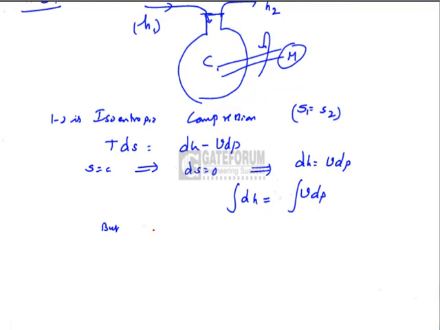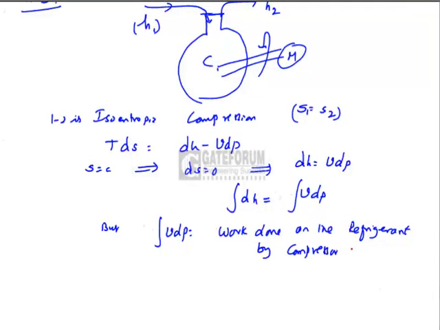But integral VdP is the work done on the refrigerant by the compressor for raising its pressure from evaporator pressure to condenser pressure.